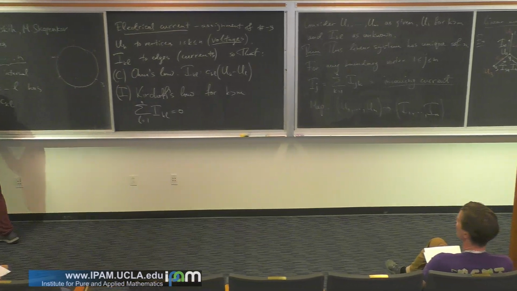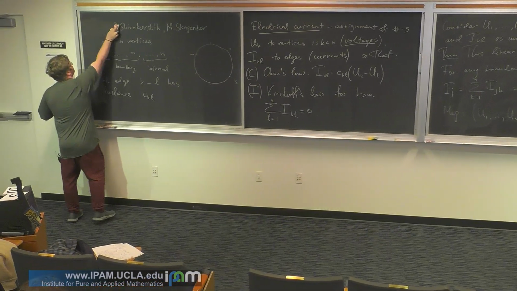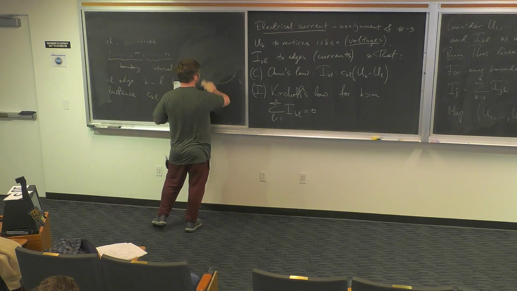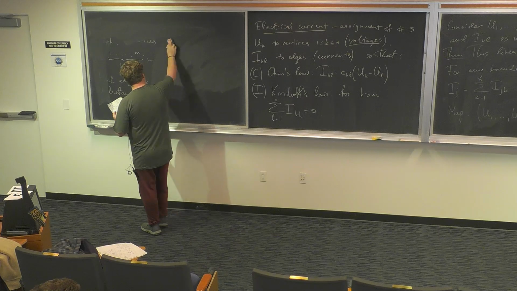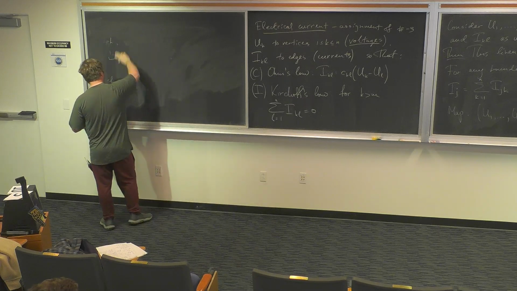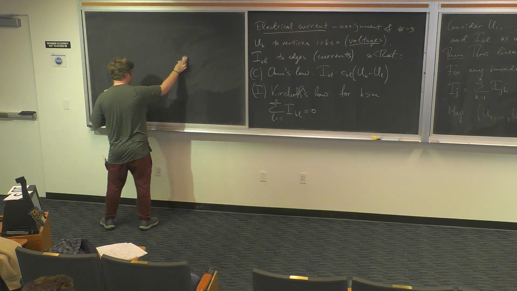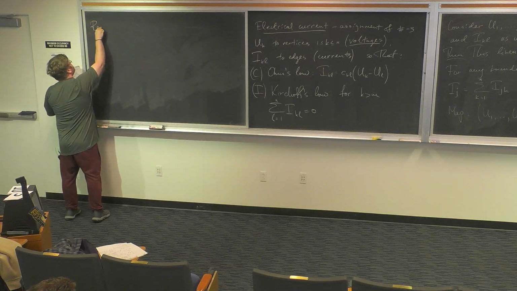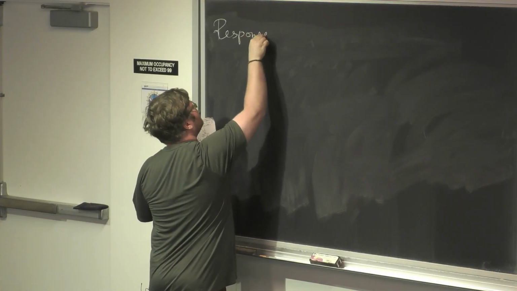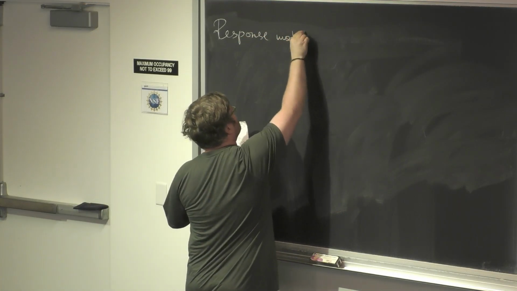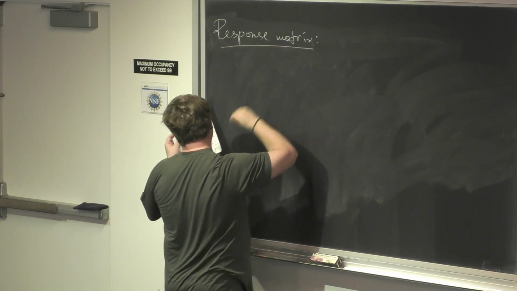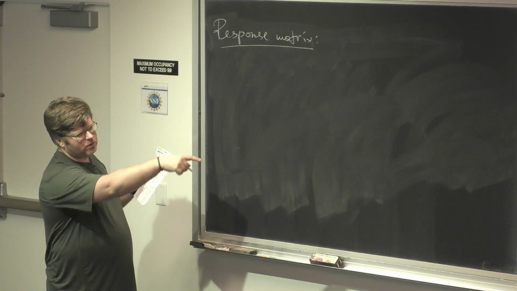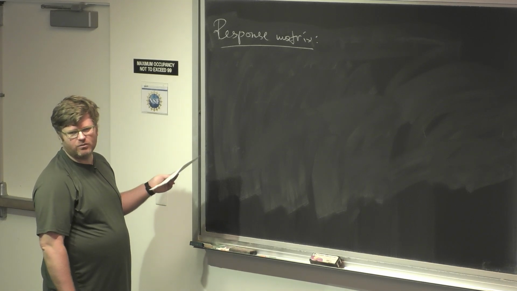So I will draw for you the response matrix in this case. Turns out it looks like this, which we could see if we finished the computation over there, if I wrote down carefully what those I34 are.